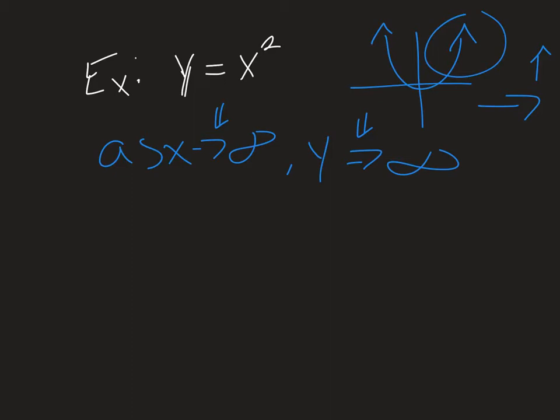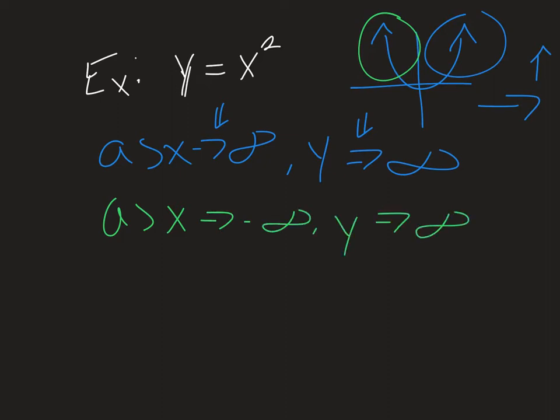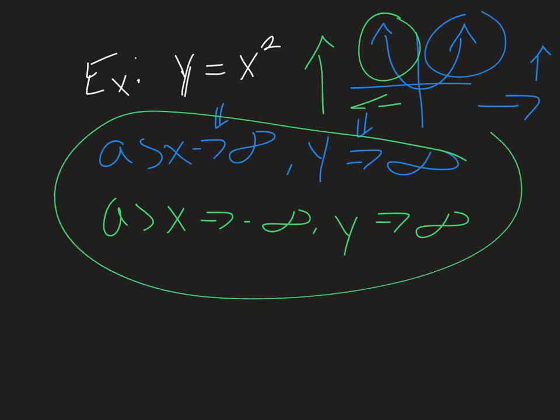It's never actually going to get there because it's infinity, but it goes there. Okay, and then likewise, if I'm looking at the left half, so as x approaches negative infinity, my y also approaches positive infinity. It also goes up as I go left. And that's end behavior for x squared.